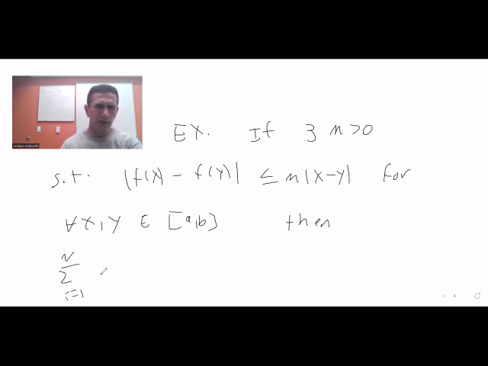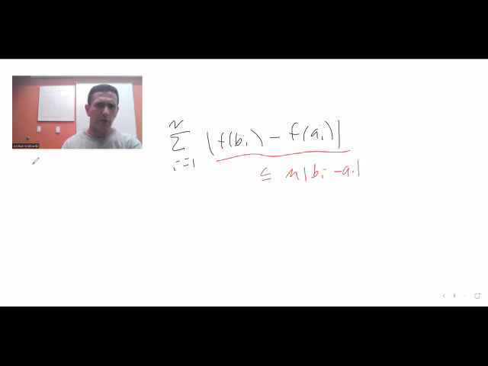So in particular, this sum less than epsilon over m implies, and all of these are in A to B, so it makes sense to plug it into f. So f of b_i minus f of a_i, well, each one of these is less than or equal to m times b_i minus a_i. So this is really trivial.